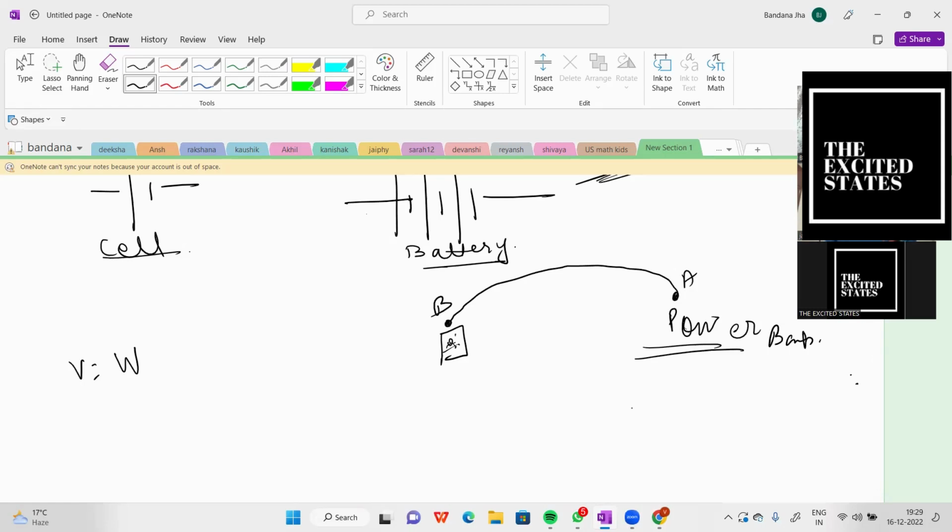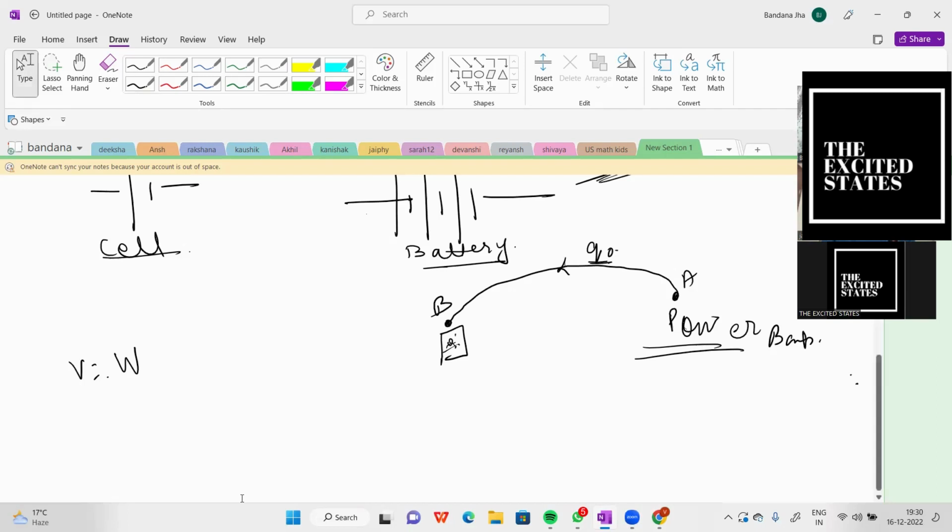So how much work we are doing on every single charge so that it is moved from one source to another source, that is known as your potential difference.